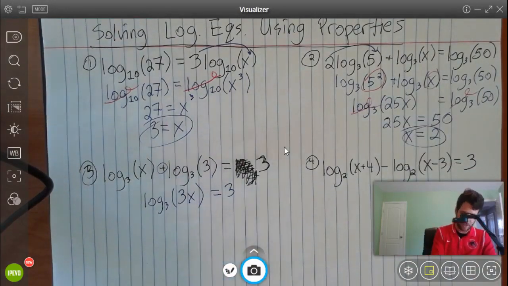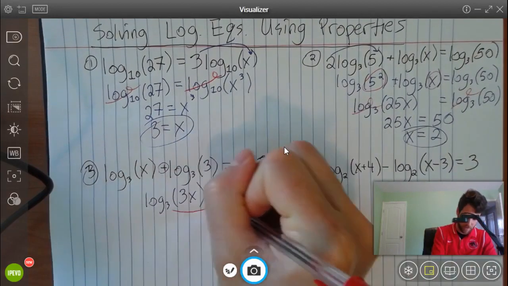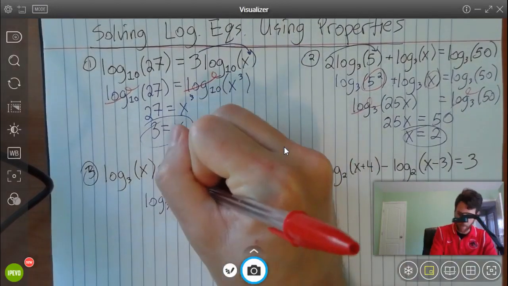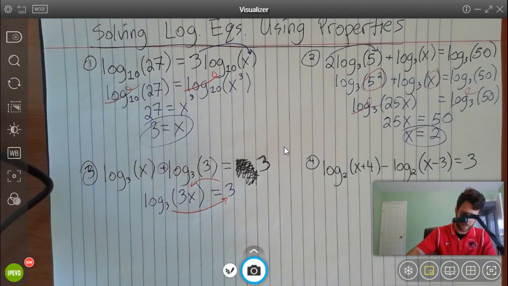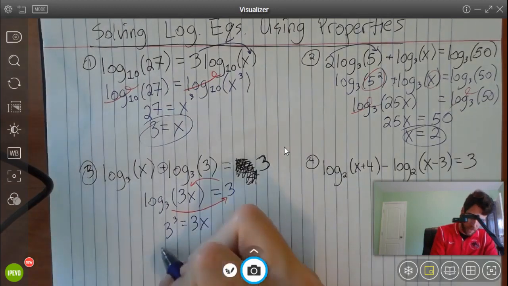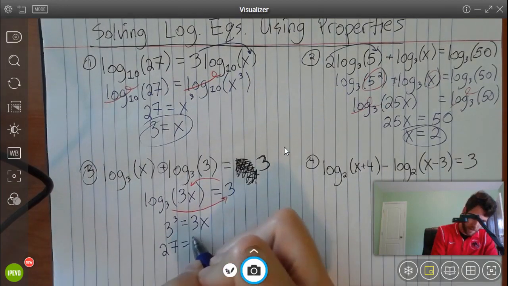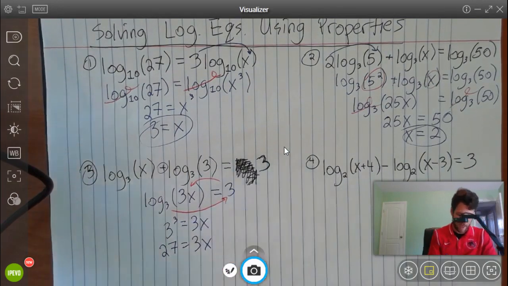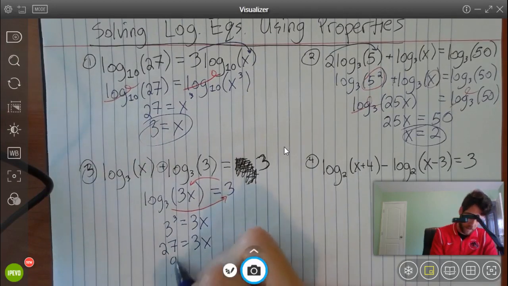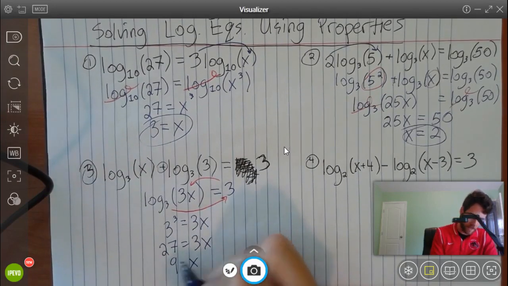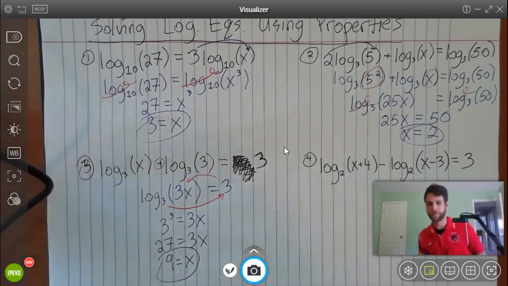Now we can just convert this to exponential form. 3 to the power of 3 equals 3x. And we have 3 cubed equals 3x. 3 cubed is 27. And then dividing by 3 means our answer is going to be equal to 9.